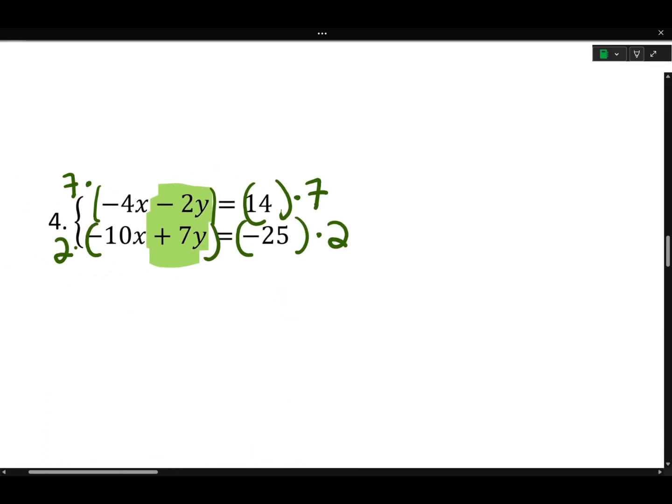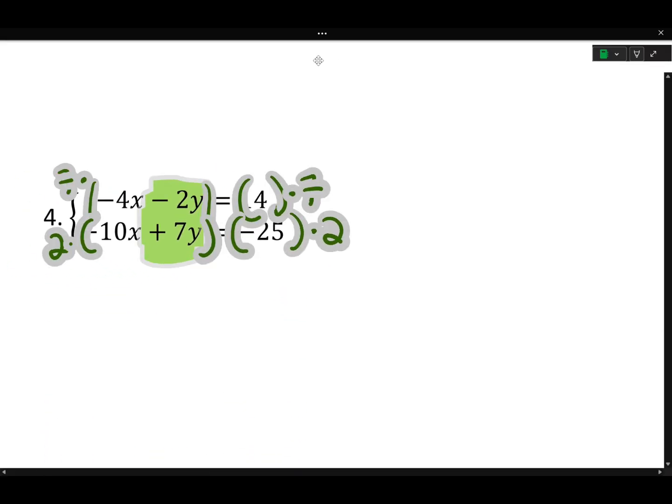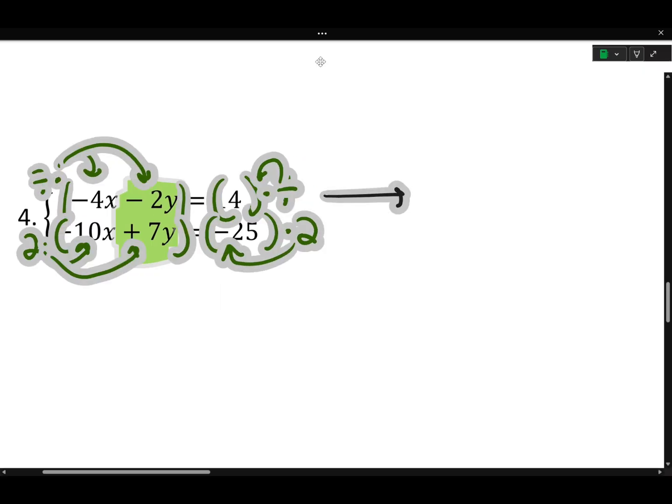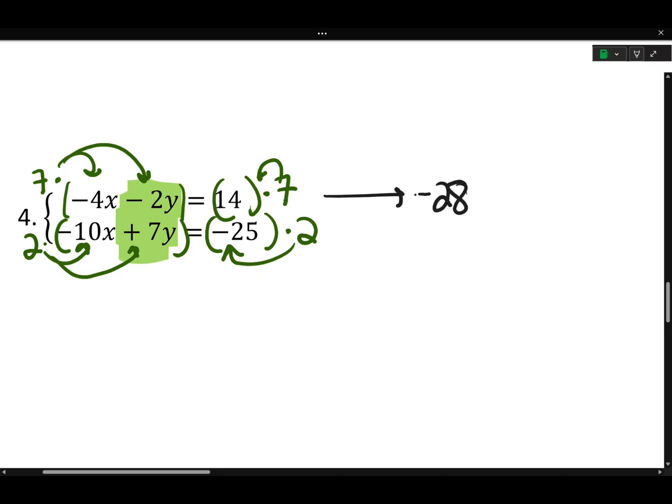Everything was positive, so we needed to make a negative. Oh, let's scroll down. All right, let's go ahead and distribute. We're going to distribute 7 to the top and 2 to the bottom. 7 times negative 4x is a negative 28x. 7 times negative 2y is a negative 14y.